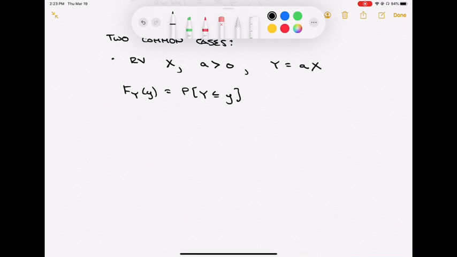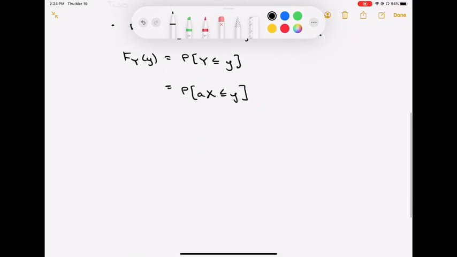The method here really is just taking our mapping function and substituting that in for Y at this point. So we know that Y is equal to a times X, so we can plug in a times X for Y, and that's less than or equal to some particular observed value, little y. That little y is just a value.